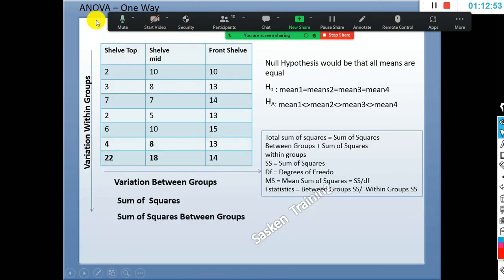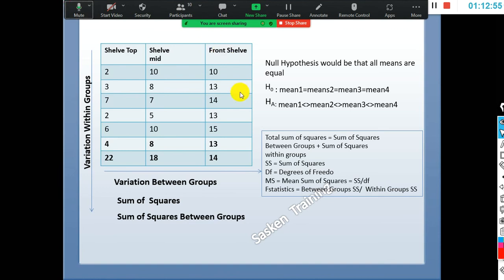Let's take this simple case study to understand the ANOVA test. Let's say in my retail store, as I told you, I have 3 retail chains. One is in Bangalore, another in Chennai, and another in Pune or Hyderabad. Okay, Hyderabad, Chennai, and Pune.